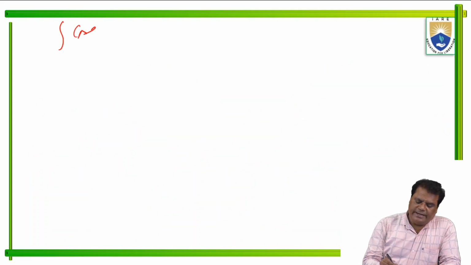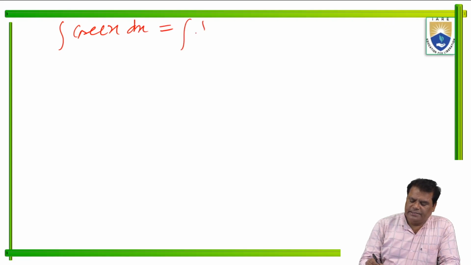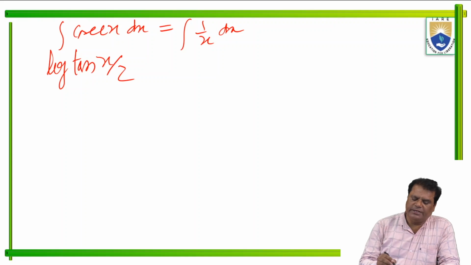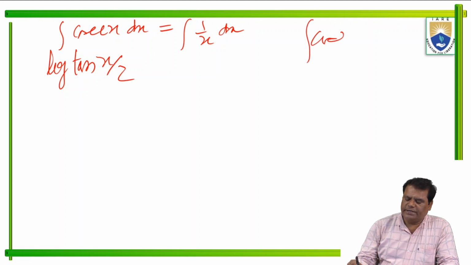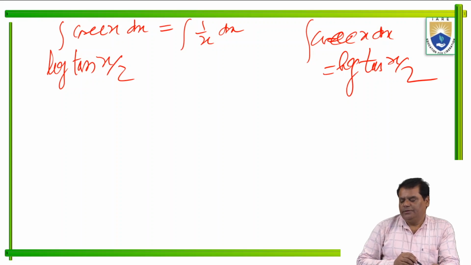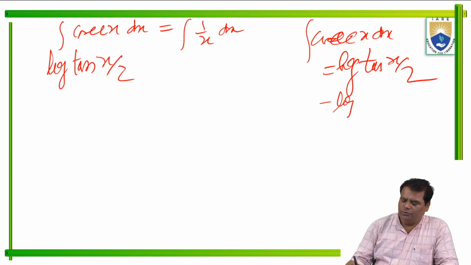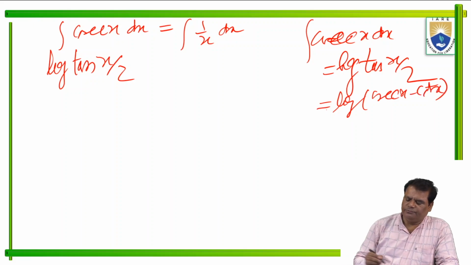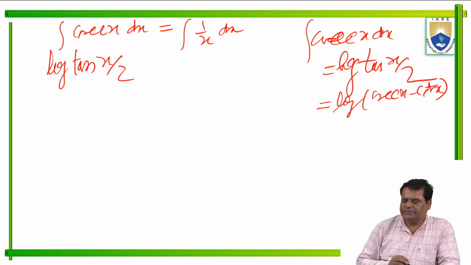The integration of cosec x dx equals log tan(x/2), or log of cosec x minus cot x. This is also a formula: cosec x minus cot x.